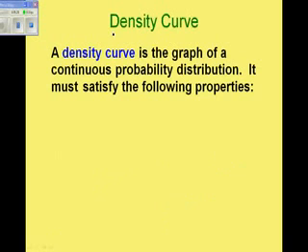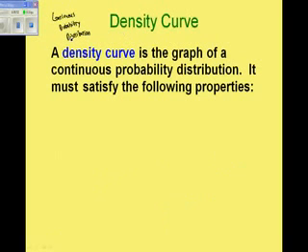Now we're going to talk about something called a density curve. See, in this section, when we talk about the normal distribution, it is our first example of what is called a continuous probability distribution.